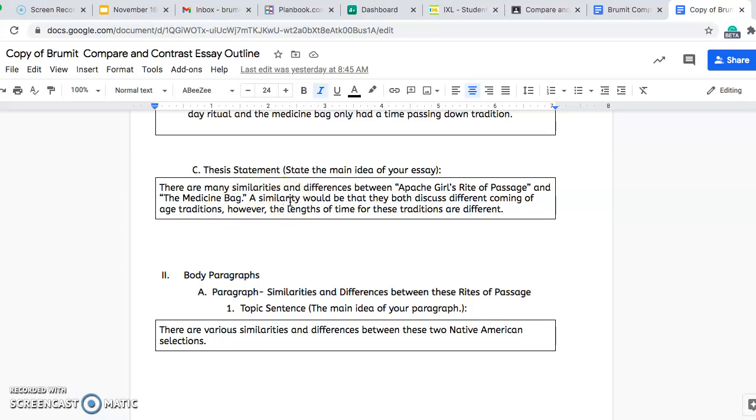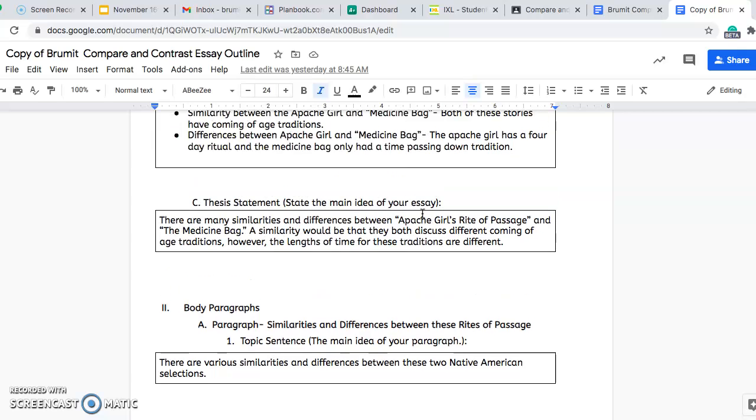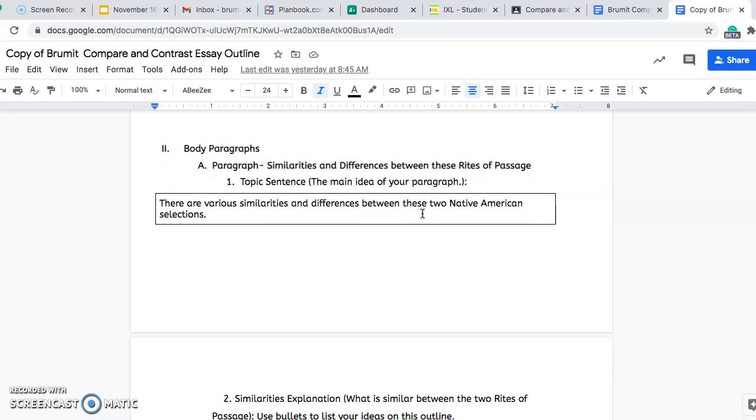Feel free to use mine as a model, and you can copy the first sentence completely if you need to. And if you're changing up the similarities, change those up right within the sentence, and you can use what I have. That's fine.